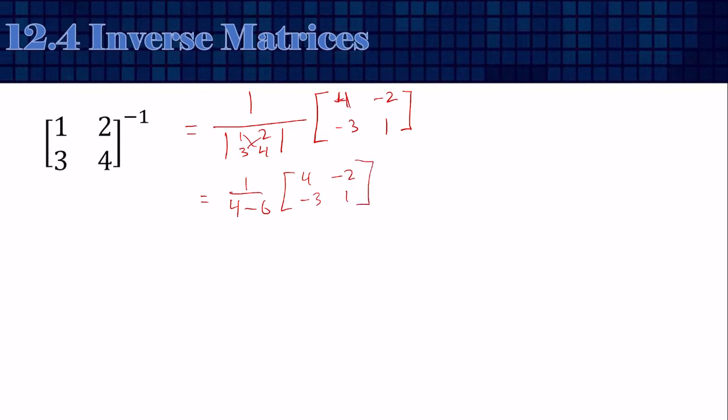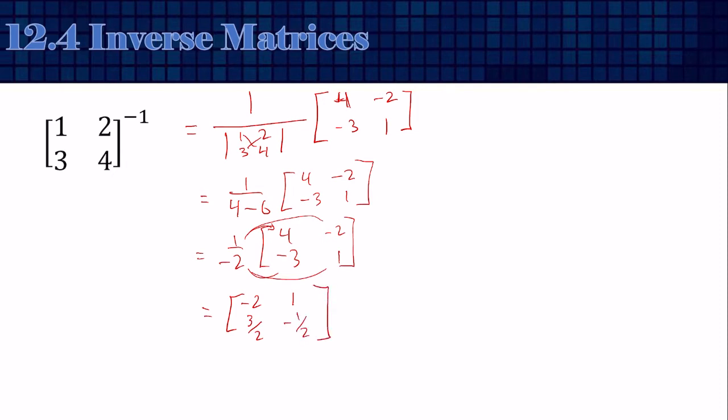And of course, 4 minus 6 is negative 2. And then distribute that to everything. So we'll have negative 2, 1, 3 over 2, negative 1 over 2. And that is the inverse.